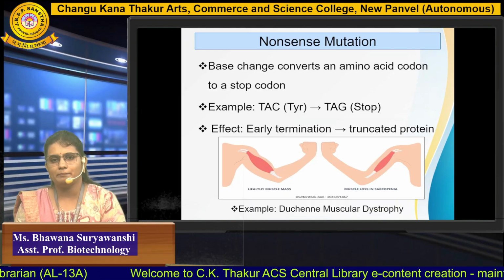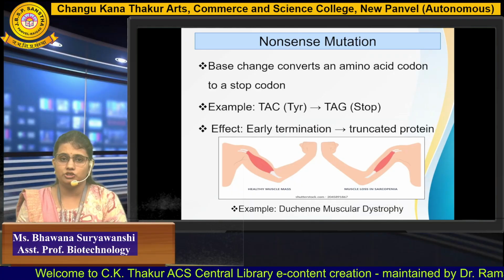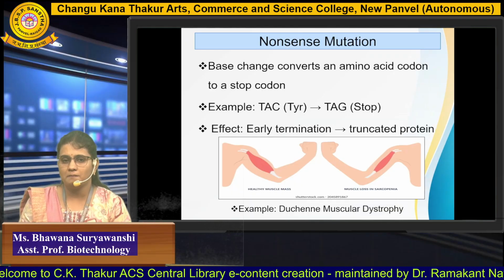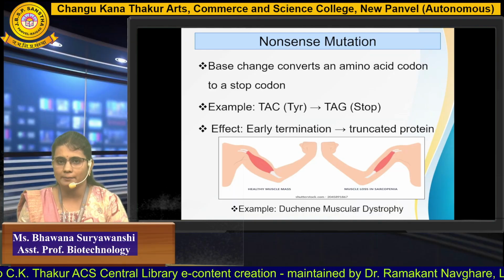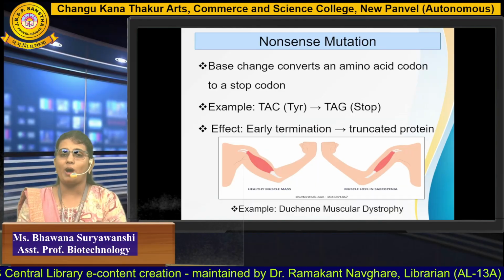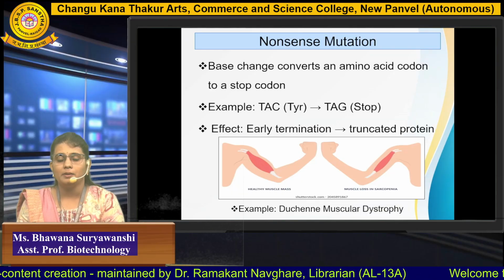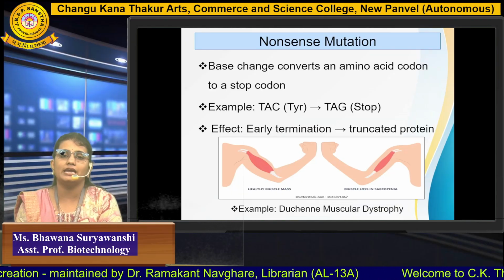That effect could be abnormal, right? So one such example is Duchenne muscular dystrophy. You can see in the picture, one is a normal muscle mass, right? And the other one is the muscle mass with a drastic reduction. Now why is the muscle mass reduced in the second case? Because it has led to a truncated protein.